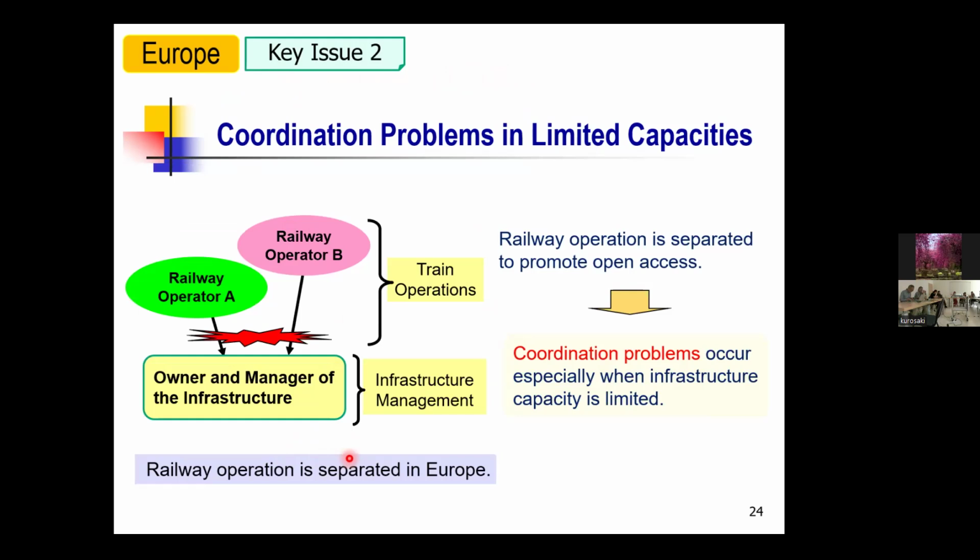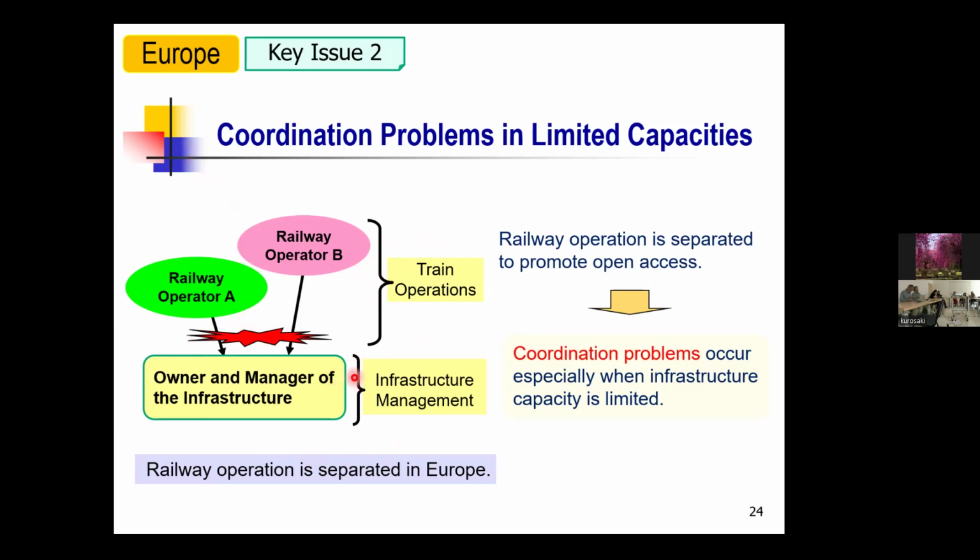However, there are disadvantages in railway operation by open access. In order to operate railways by open access, more than two organizations should be in charge of train operation. The past research clarifies that there are coordination problems between different entities.